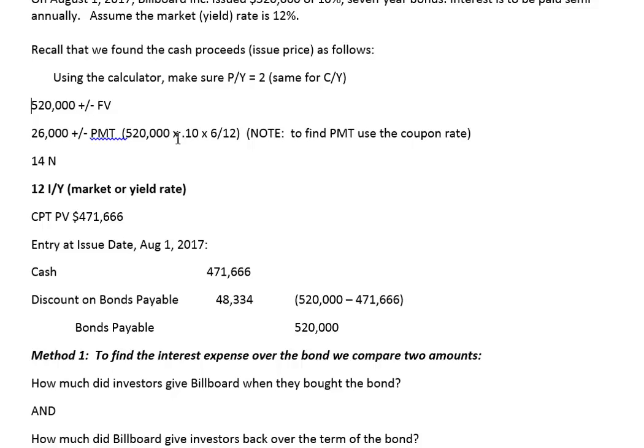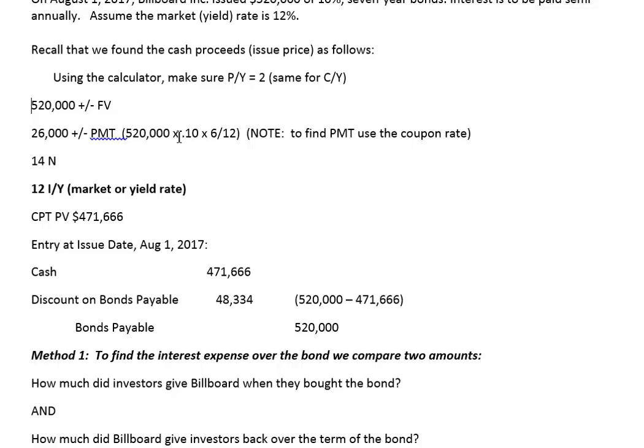The other thing we have to pay them is a series of interest payments. So we have to calculate our PMT. And our PMT is going to be $520,000 times our coupon times 6/12. Why 6/12? Because the payment is going to be made every 6 months. Don't forget, all your interest rates, unless you're told otherwise, are always going to be annual.